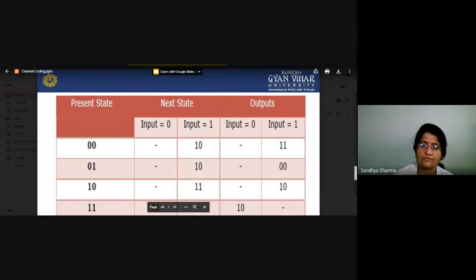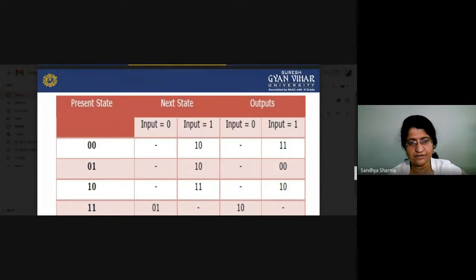There are two options. You have to calculate C1 and C0, and after shifting one bit, you will again find the next state to which our output has to go. So this is the basic table. Present state 0 0, present state 0 1, and again there is an input bit.